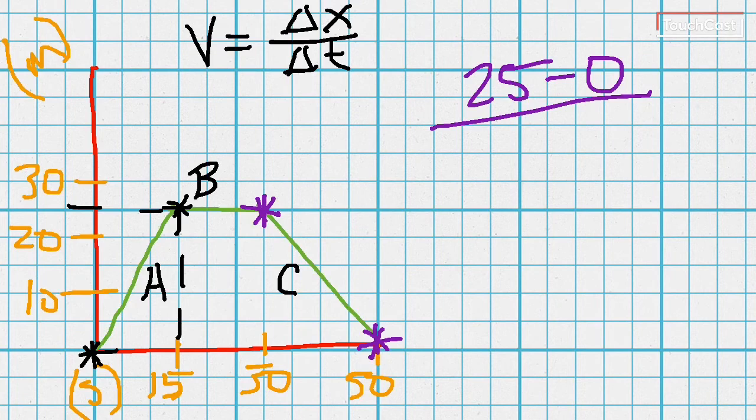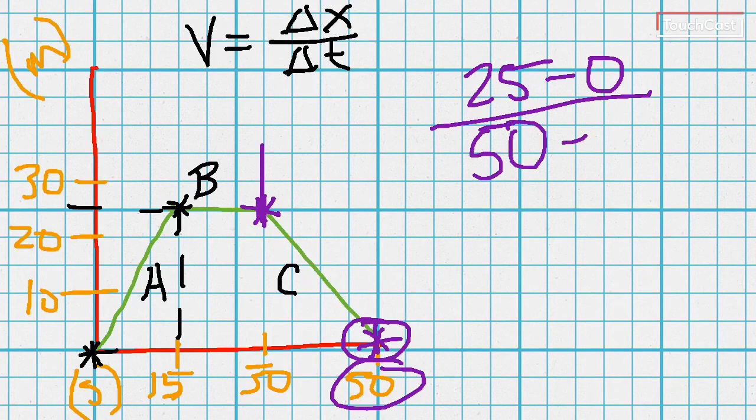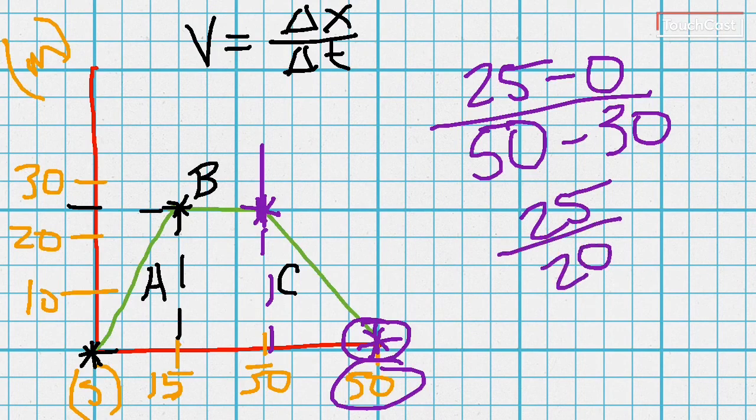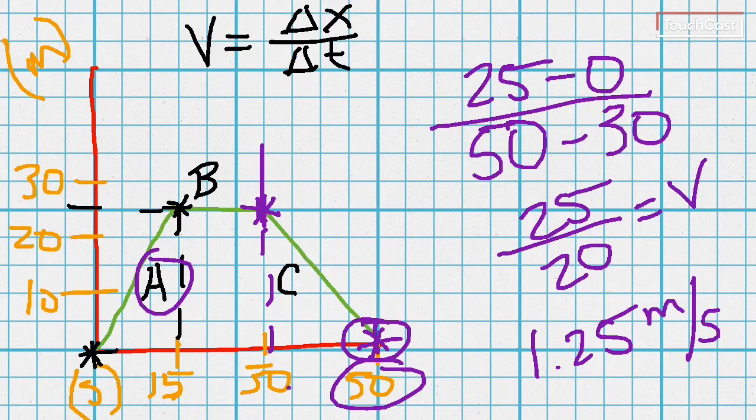Final time is right here, and that's 50 seconds. However, your initial time has to be where our spot is here, so you go down, and our initial time is 30. Then do the math, and you end up with 25 over 20, which equals velocity. So 1.25 meters per second would be our average velocity for that time. That makes sense. We covered the same amount as we did at point A, but it took us 5 more seconds, meaning it was done a little bit slower.